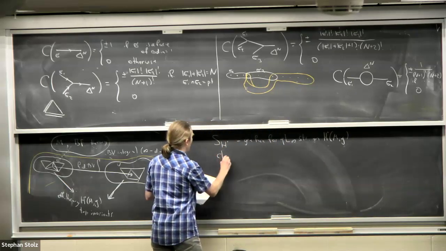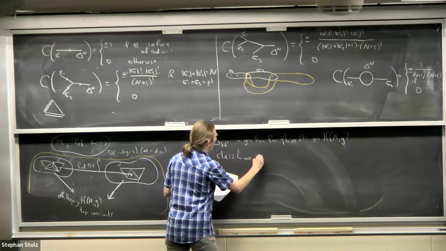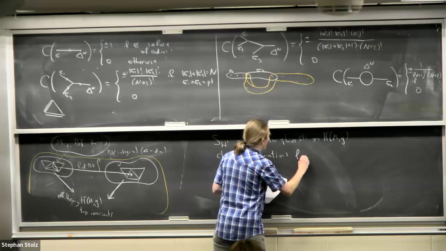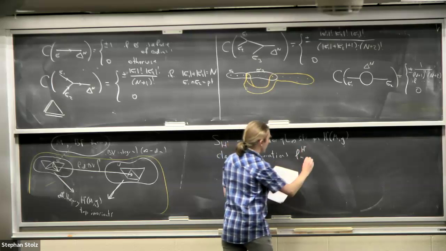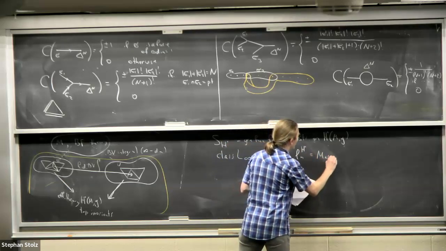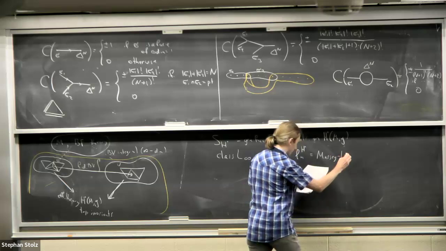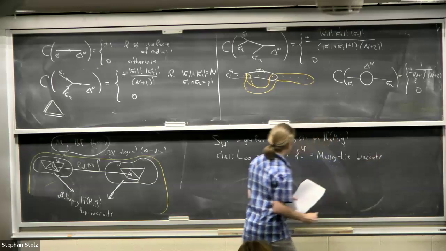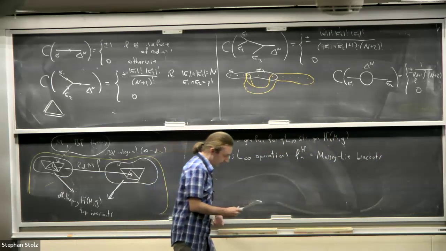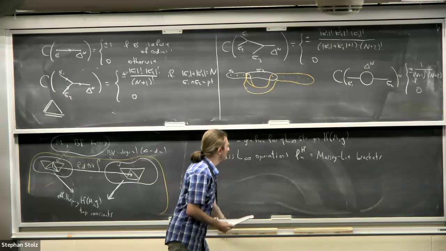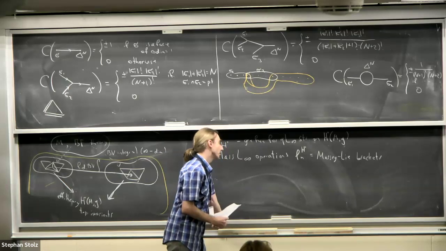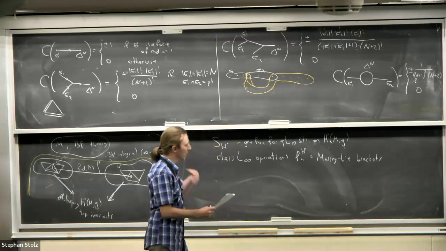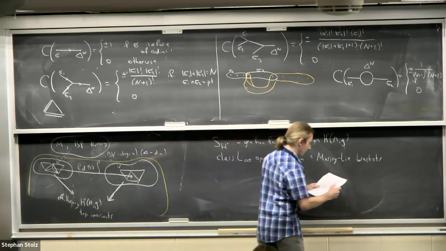The classical L-infinity operations, L_m, at the level of homology are the Massey operations, the Massey brackets. Maybe there are people in the audience who know this better than me, but at least for a simply connected manifold, they encode completely the rational homotopy type.